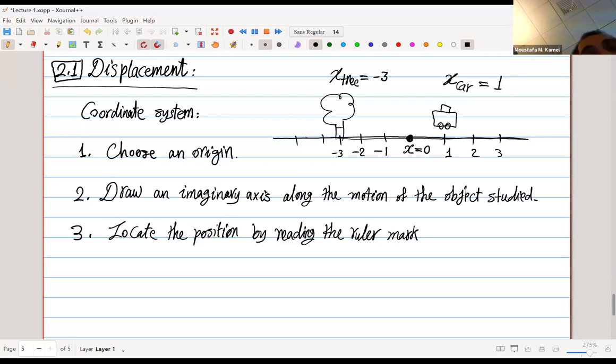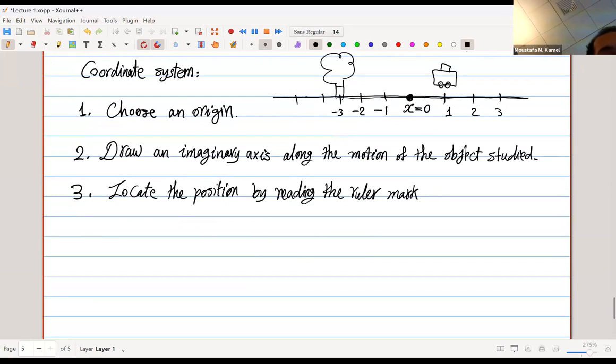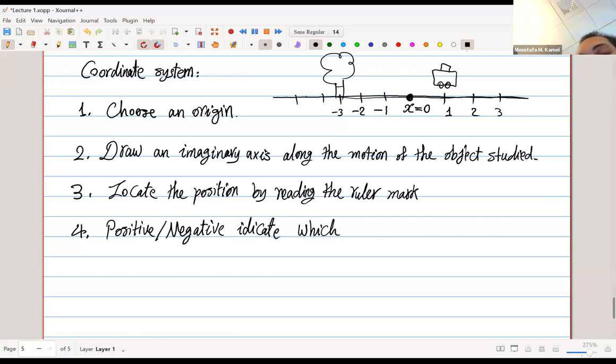Okay. So number 4 in the procedure is that positive/negative indicate which side of the origin.